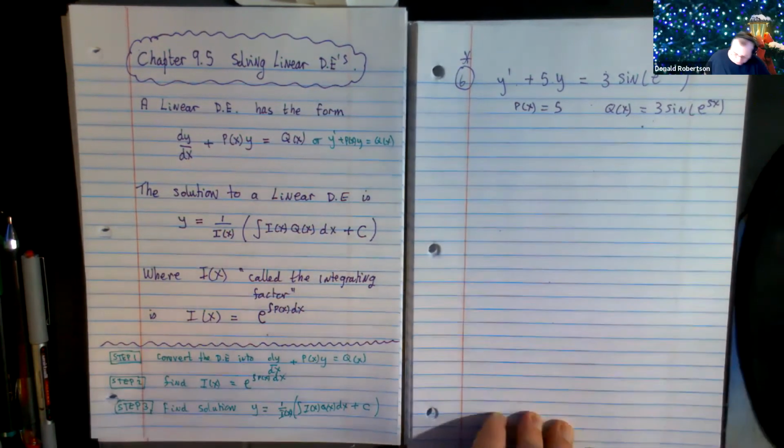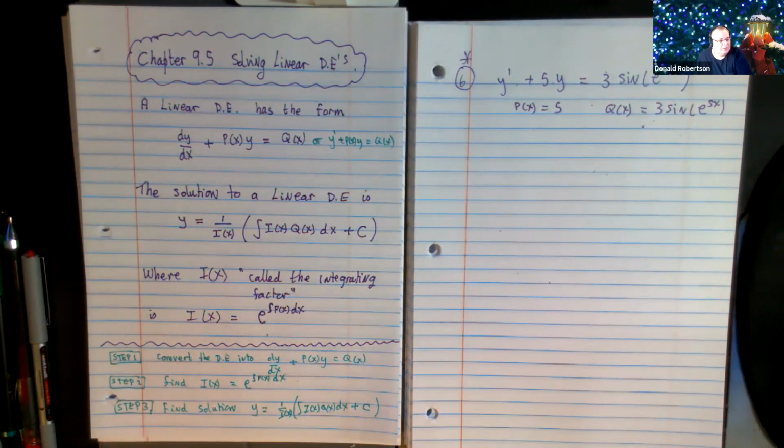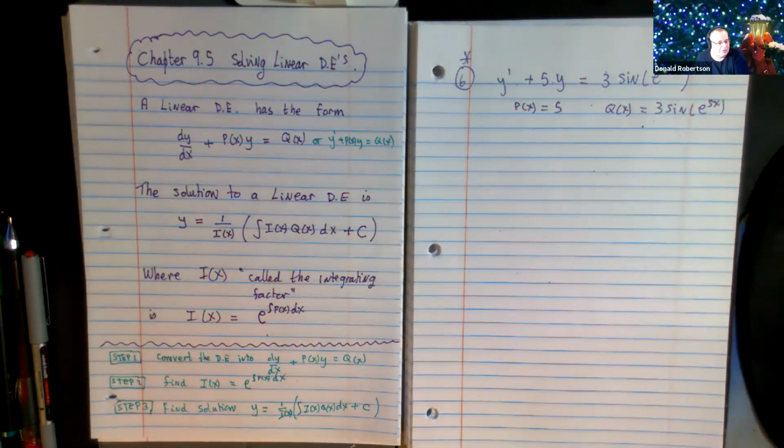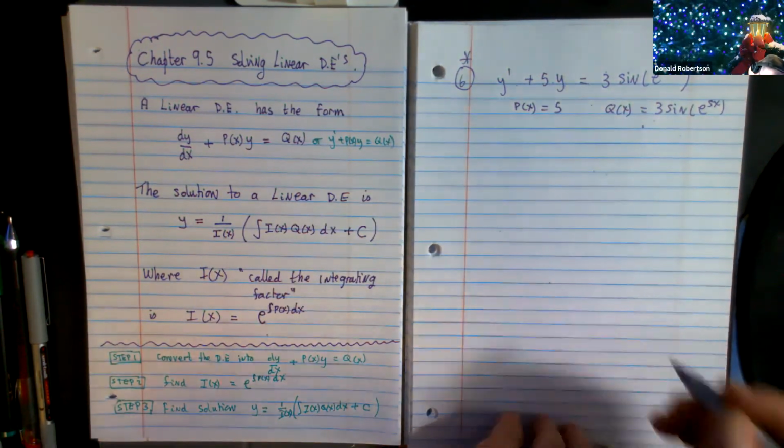Are you not a little bit worried about Q? It looks kind of scary, doesn't it? Because you know you're going to integrate this, or at least this and stuff with it, right? It's going to come out fine.